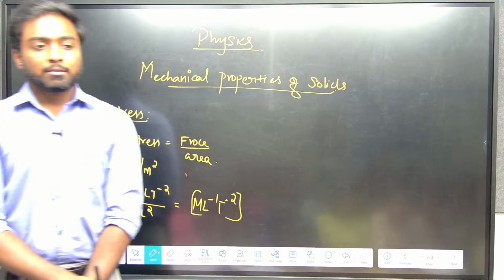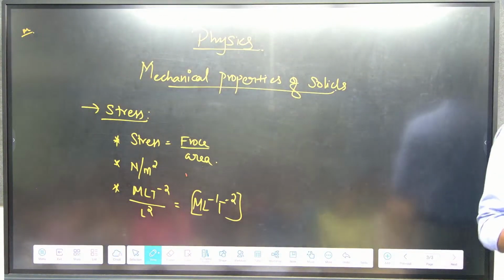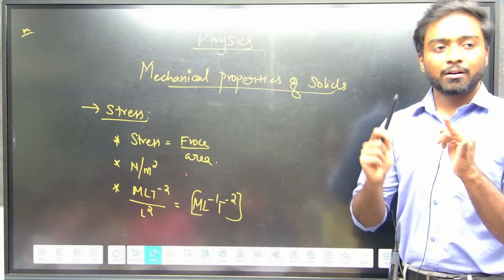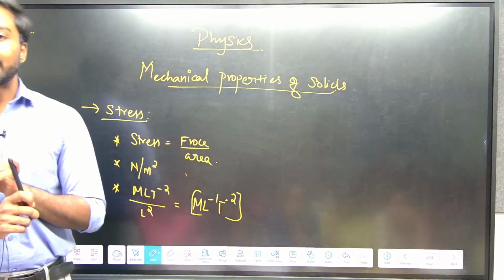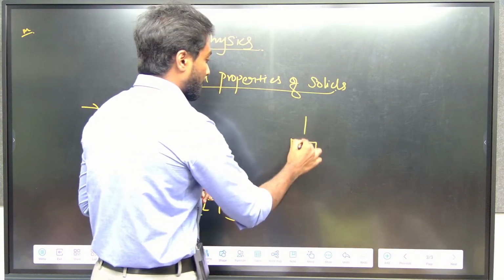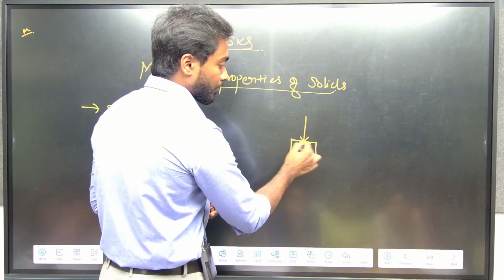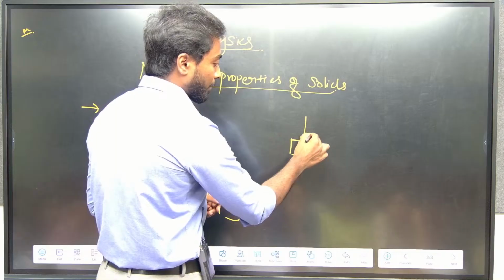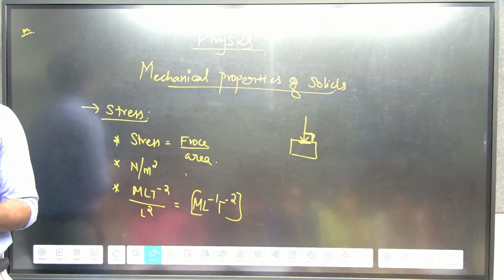Okay. So, only one thing you need to remember. Tangential stress and normal stress: the name itself says normal. Normal is nothing but 90 degrees. If I apply the force on the surface area perpendicularly, then that is normal or longitudinal stress.